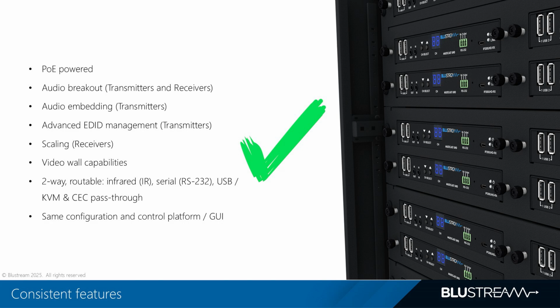What you're seeing on screen now are the foundational capabilities that span every Blustream video over IP platform. We've kept things streamlined and cohesive so you don't need to relearn the system when switching between product lines. This shared architecture gives you the maximum flexibility to build systems that grow and evolve without compromise, backed by the same trusted user experience, control environment, and installation process, no matter the platform.